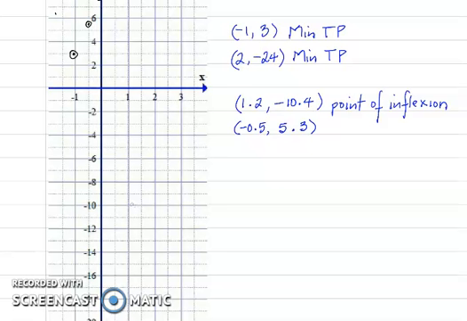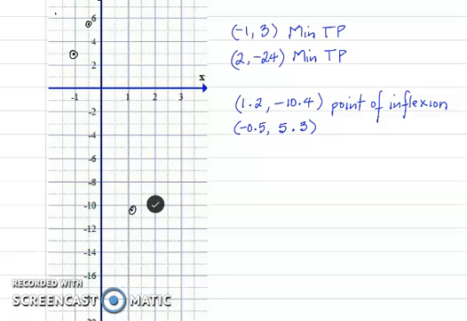So 1.2 puts me here, this is 10, this is 11, 10.4. So 1.2, minus 10.4 might drop me somewhere around there.